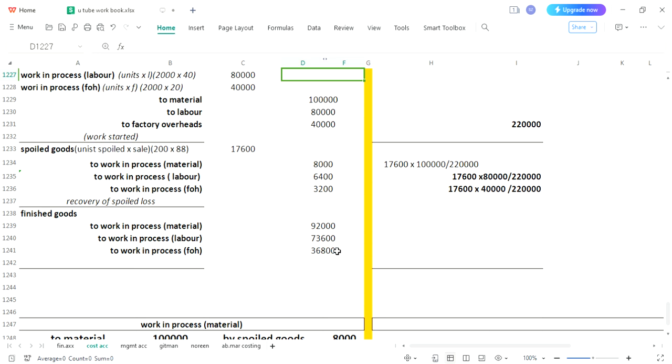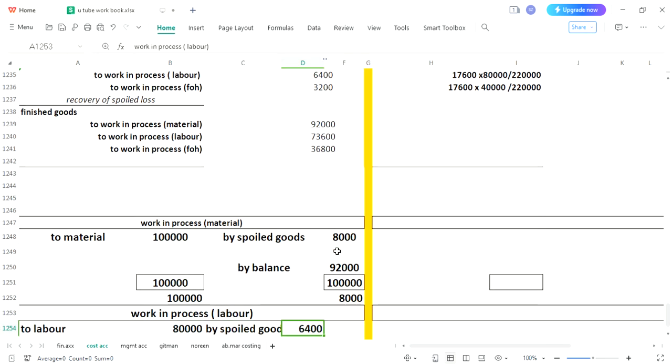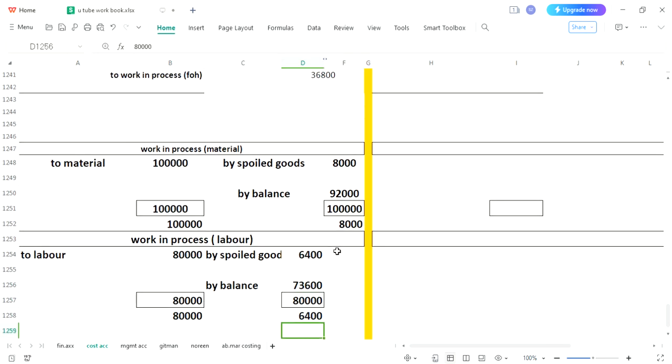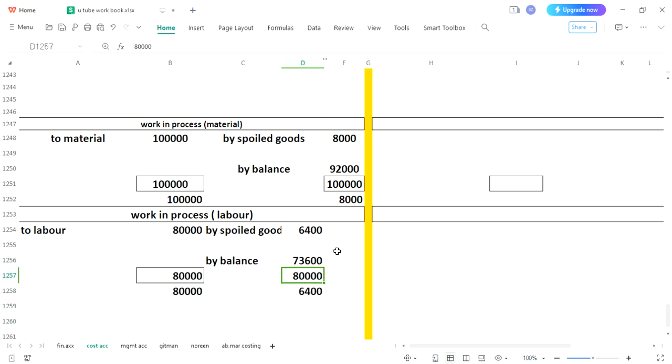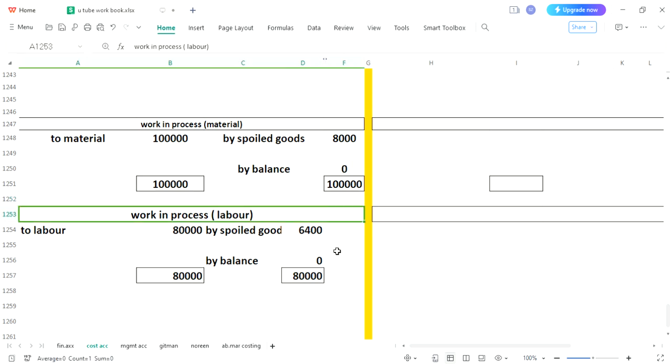But I am requesting you again, you will be making ledgers of work in process material, labor and FOH as well. Right now I have told you both methods where you can calculate the amount without making a ledger, but for confirmation, it is a requirement of the question, so you will make these ledgers.